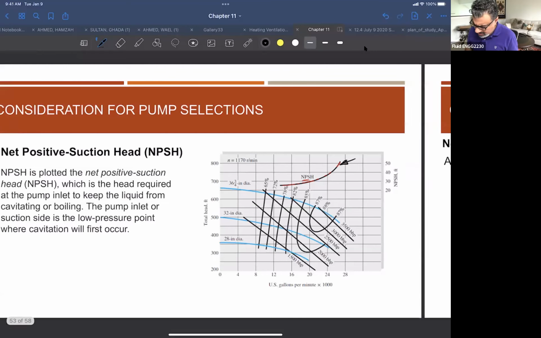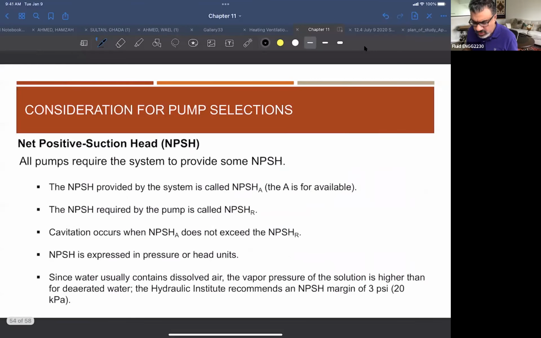And we mentioned that this is very important to evaluate, because if you don't consider this in your system, or the location of the pump inside the system, you might end up reducing the pressure at the suction side of the pump. This reduction of the pressure is going to create what we call the cavitation problem, right?